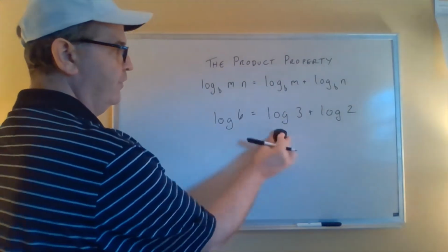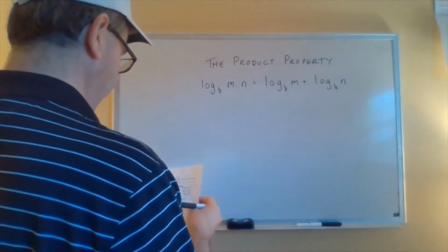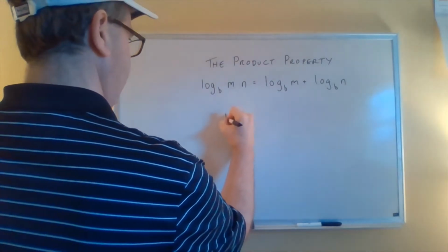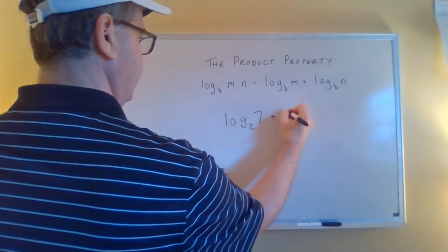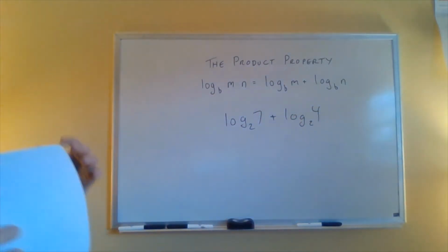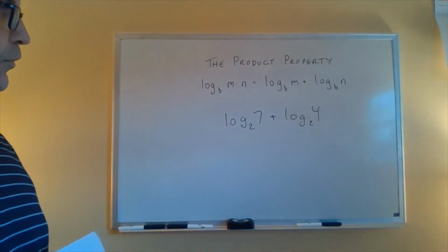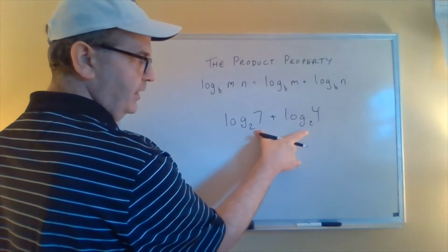But what if you were asked to condense using this same property? So let's take a look at, say, log of 7 base 2 plus log of 4 base 2, and we want to condense that into one logarithm expression. So we see we have addition over here. All we need is the same bases.